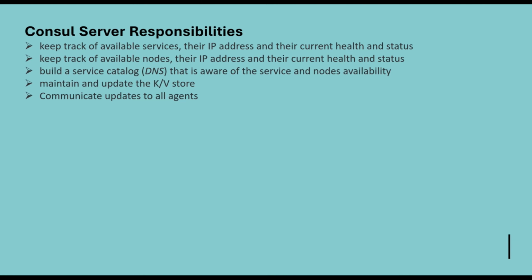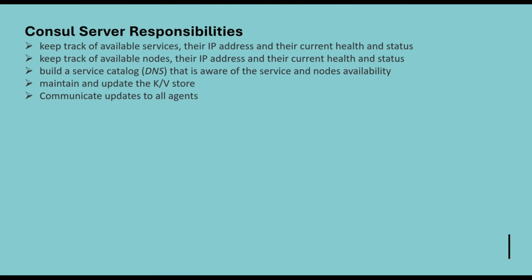Basically, the Consul server is responsible for keeping track of all available services with their IP addresses and their current health and status. It means that whatever microservices are running through the control plane, the Consul server keeps a record of all those upstream services with IP addresses, and also checks which services are up or down, and that's what we refer to as health and status.